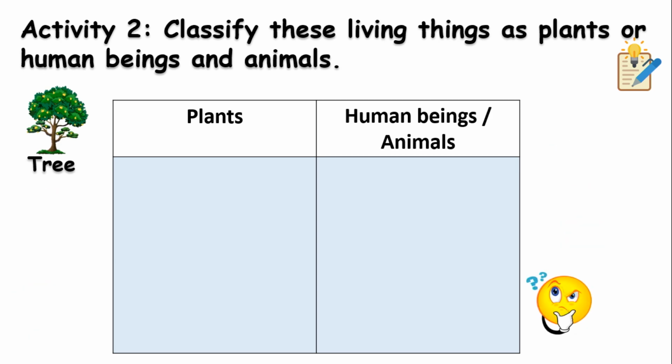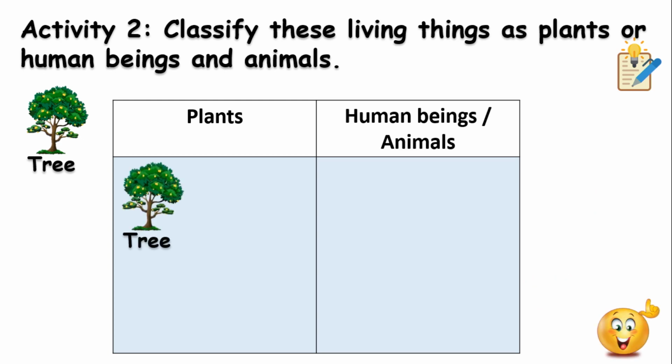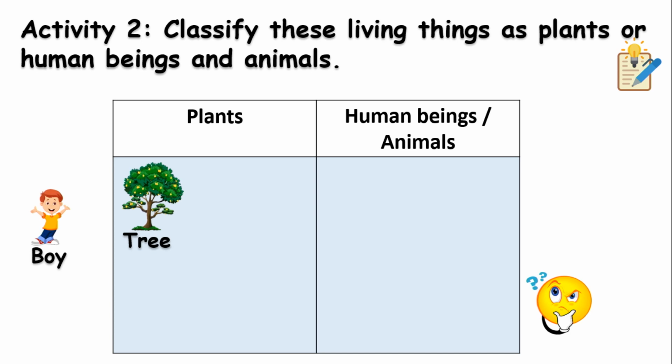According to you, is the tree a plant, a human being, or an animal? Very good. The tree is a plant. What about the boy? Is he a plant, a human being, or an animal?